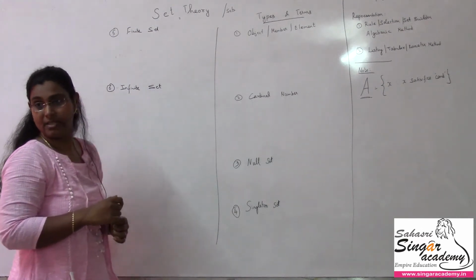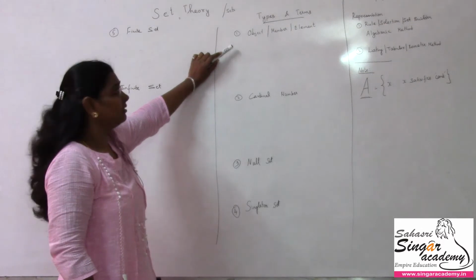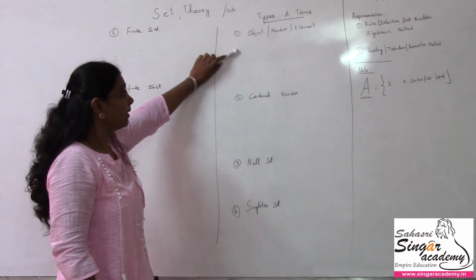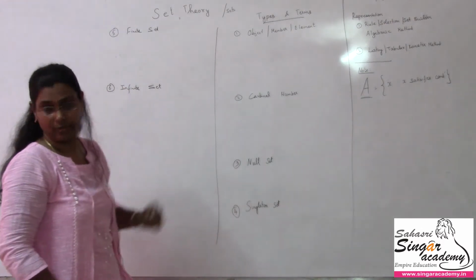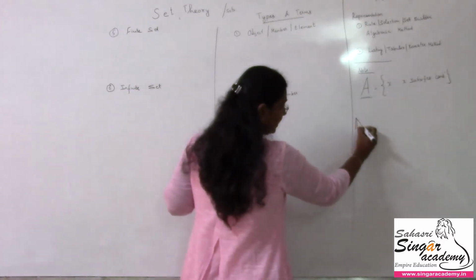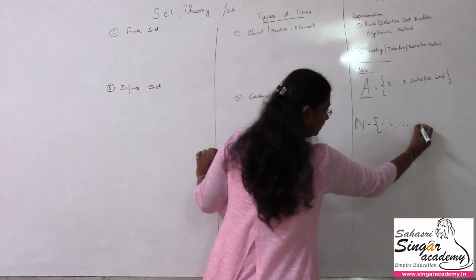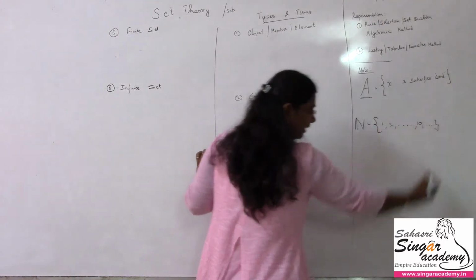Types or terms. The very first one, very important one, we are going to define what we mean by a member or object or an element. Already we were discussing the set of natural numbers N, which starts from 1 up to 10 and so on, maybe an infinite set.